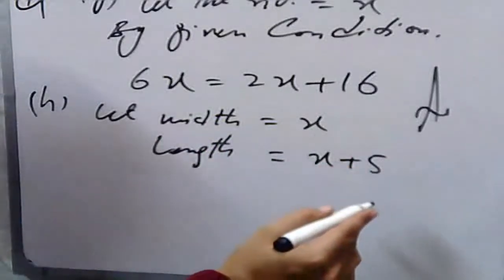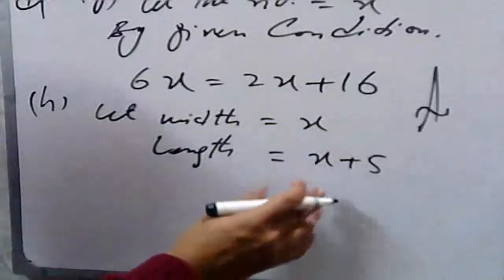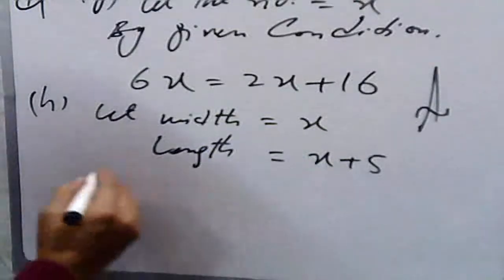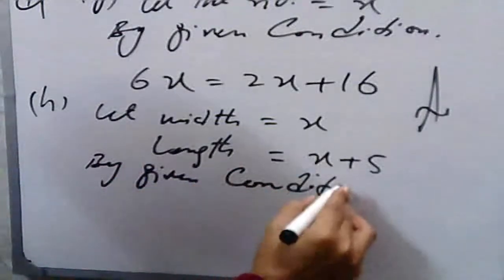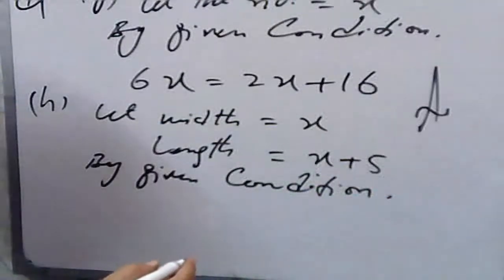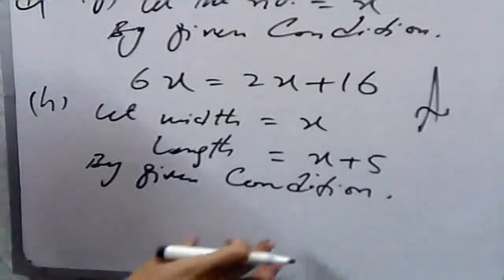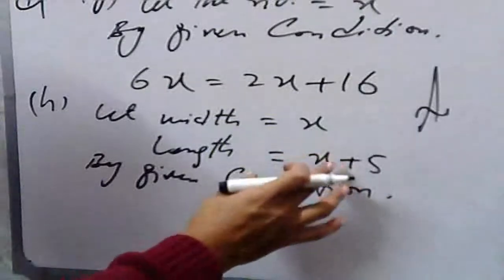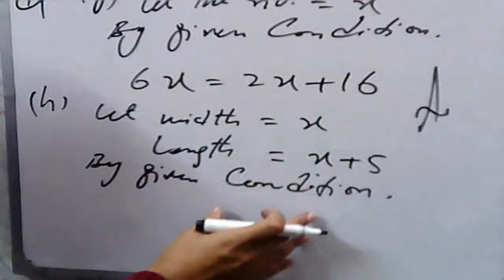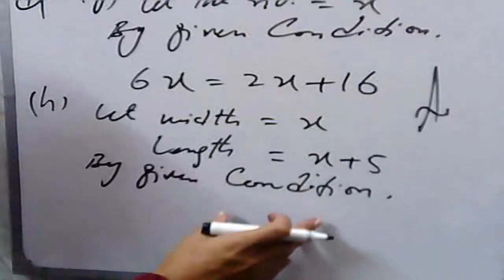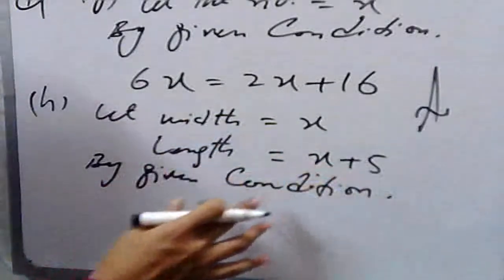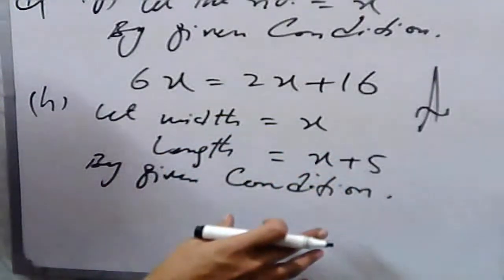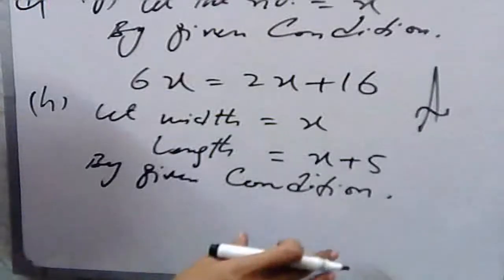So by the given condition, the length of a rectangle is 5 meter more than its width. Width is x, length is 5 more, so the perimeter is 32.